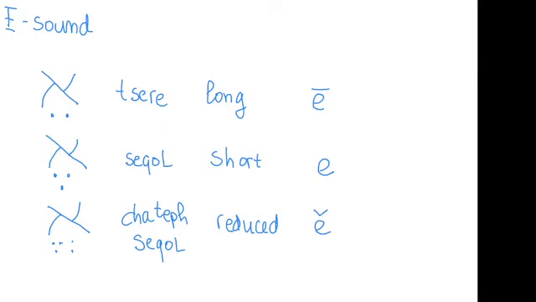The Segol, 3 dots, it is short, a normal E. And the Chatef Segol, where you have 3 dots and 2, that's like this, reduced. Transliteration is like this.